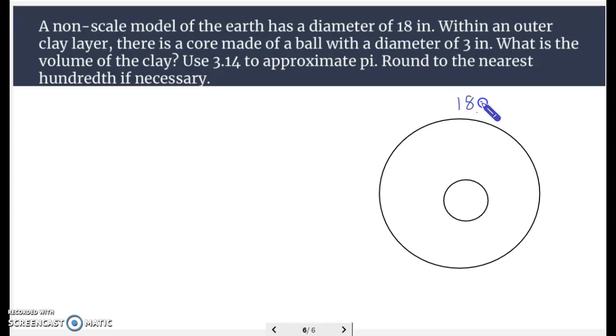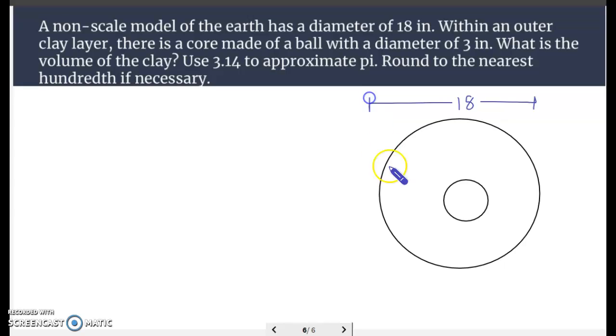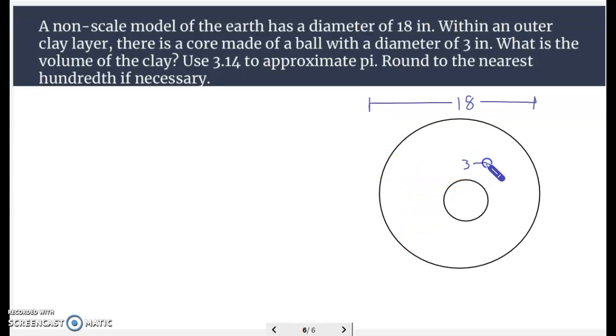So the diameter of the outside of the model is 18, but the diameter of the inside is 3. Now when you use the formulas for the volumes, you need the radius, not the diameters. So on the outside here, the radius would be 9, and on the inside the radius would be 1.5. It's 3 divided by 2.